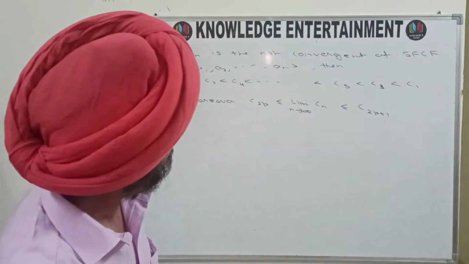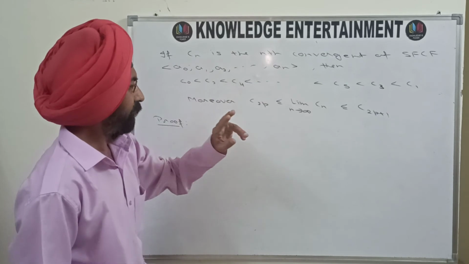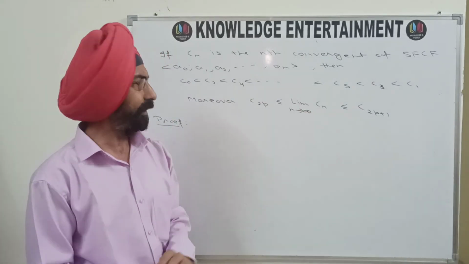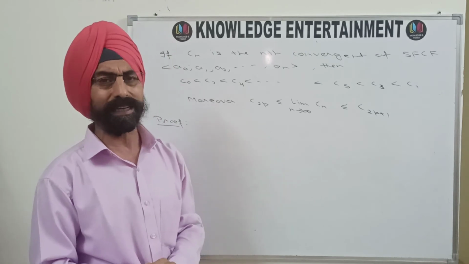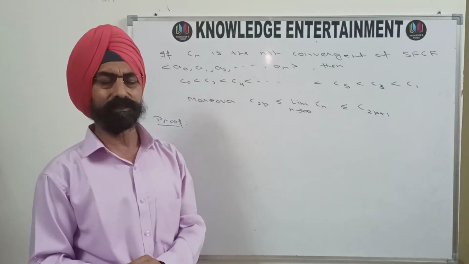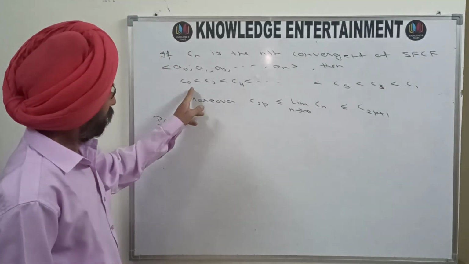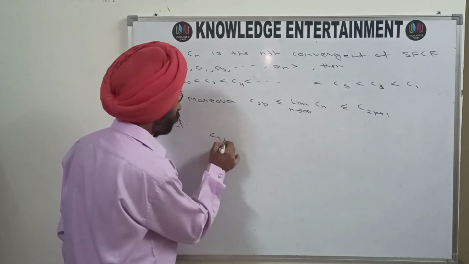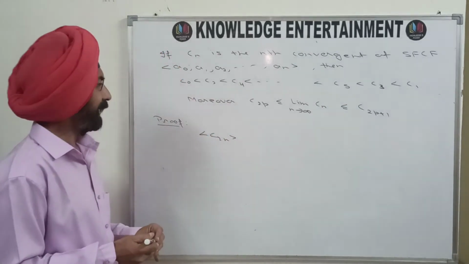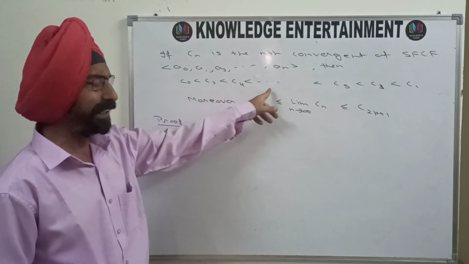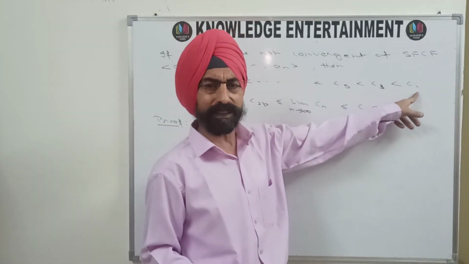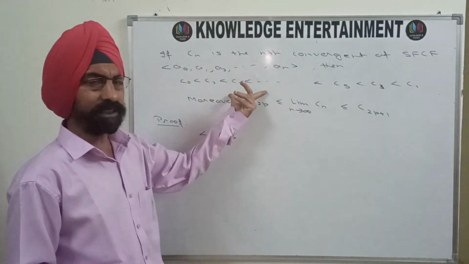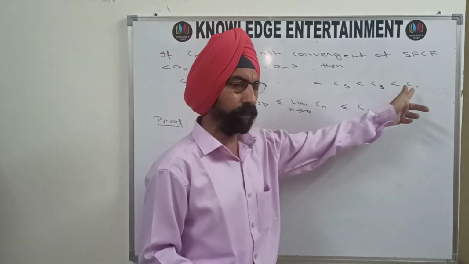Now, we are to show that the limit of Cn lies between these two. But first we will have to show that Cn is convergent. C2n is monotonically increasing and is bounded above by C1. A sequence which is monotonically increasing and bounded above is convergent.